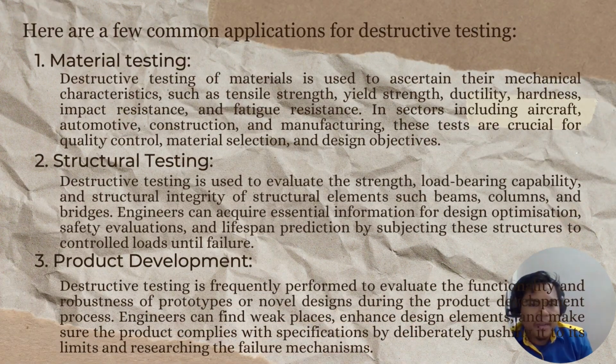A few common applications for destructive tests. Material testing. Destructive testing of materials is used to determine their mechanical characteristics such as tensile strength, yield strength, durability, hardness, impact resistance, and fatigue resistance in sectors including aircraft, automotive, construction, and manufacturing.